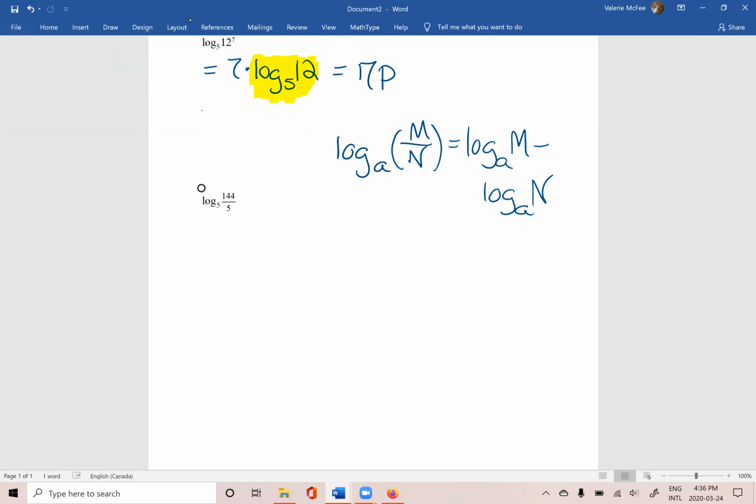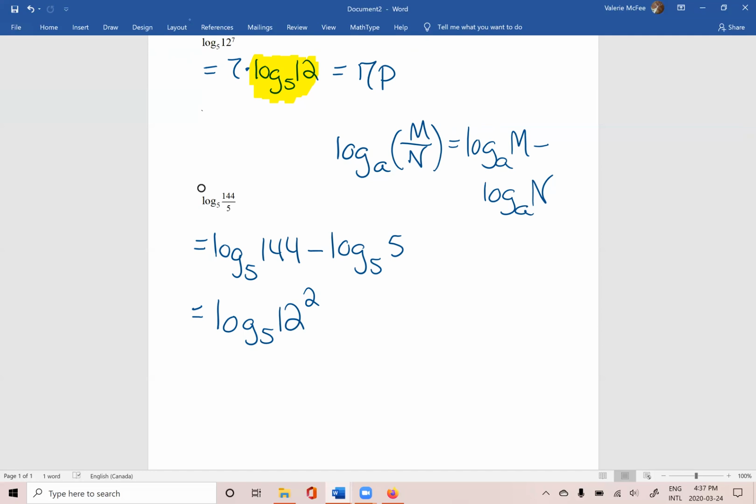So I can write this as log base 5 of 144 minus log base 5 of 5. Now let's look at each of those. Log base 5 of 144, well, I'm wanting a 12. I can write this as log base 5 of 12 squared.